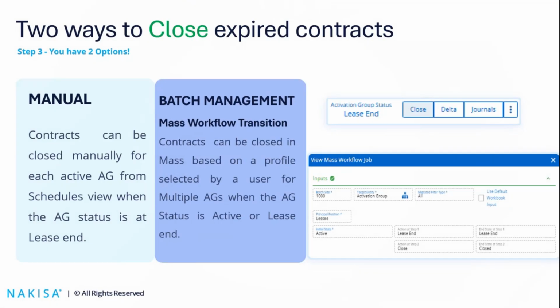While doing the batch management for closing contracts, does Nakisa take the posting date as the current month date or the contract expiry date? Currently it's taking the contract expiration date, and that's why I'm mentioning we have a new feature coming up whereby you will be able to select the open period date. Okay, thank you so much. Thank you for the question, Srinasan.